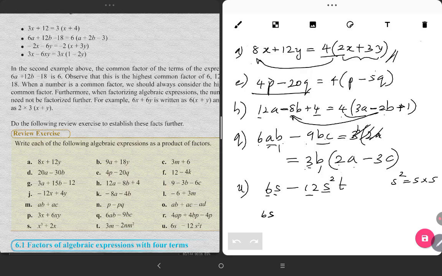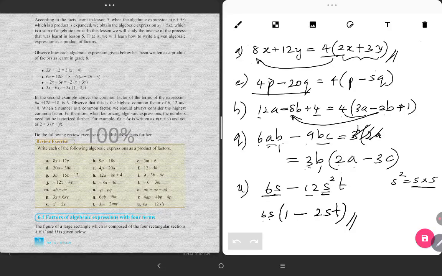So we can take s out, but I can only take one s out, even though this has s times s, right? So when I do this, 6s, what's remaining here is only 1, minus 6 times 2 only 12, but one s we have taken out of this s times s, so we have to leave the other one in, and t. So this is the answer for that.